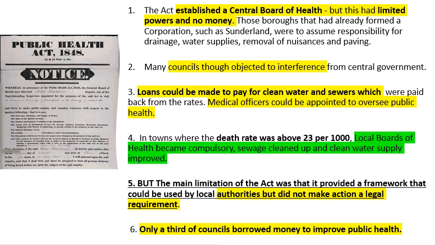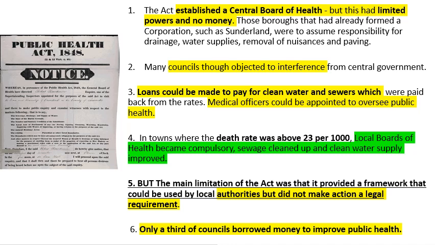There were some corporations, councils around the country, like the one in Sunderland, that had taken responsibility for the removal of rubbish, building sewers and drains, and giving them clean water. But it couldn't make other councils do those things that Sunderland had done. In fact, a lot of councils didn't like the idea of London telling them what to do. They saw it as interference, and they didn't like that.